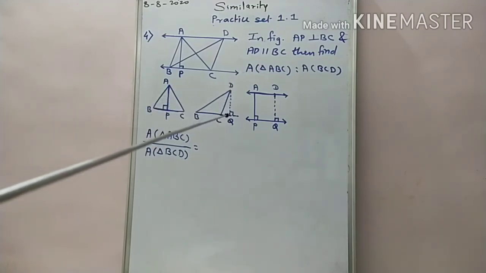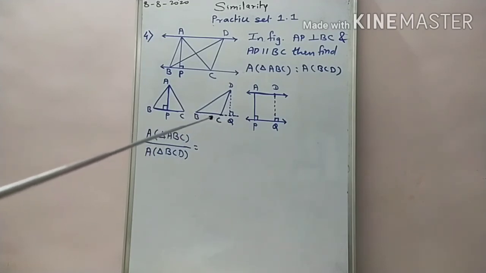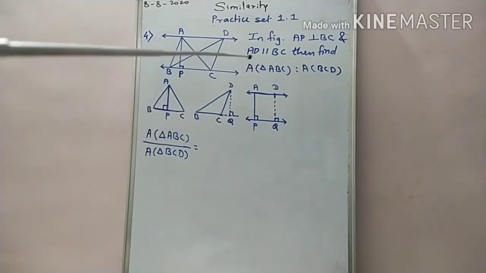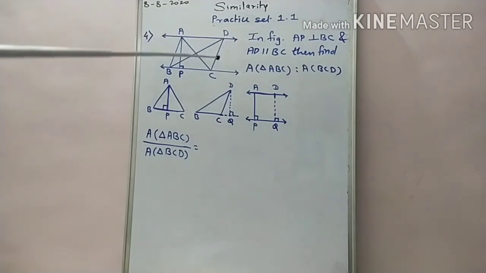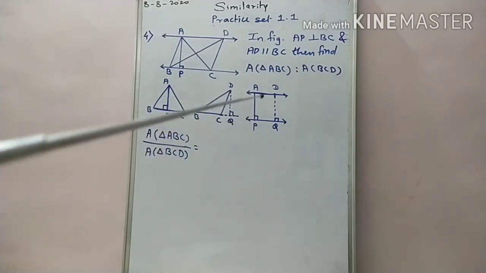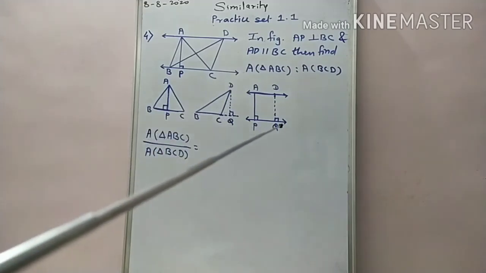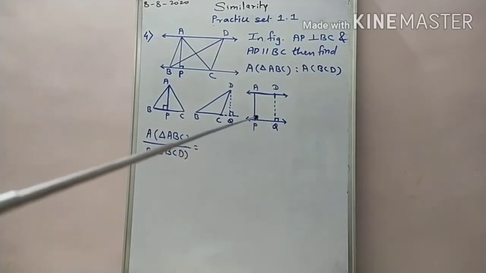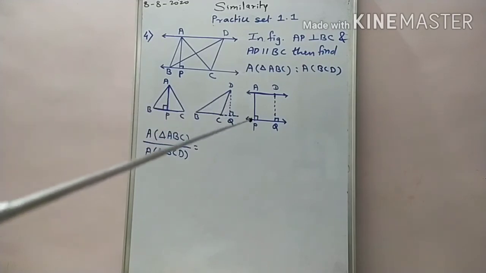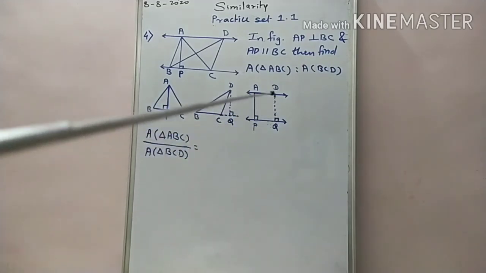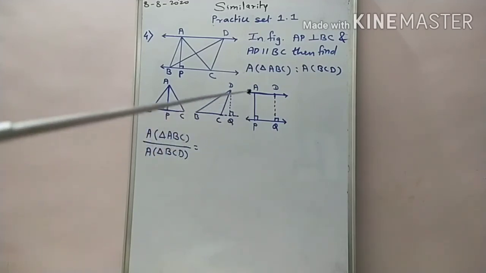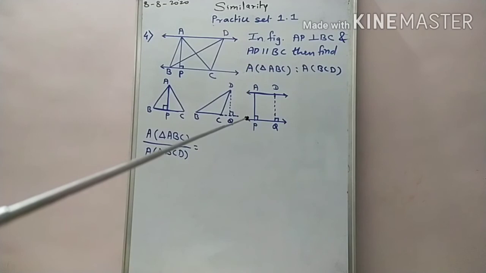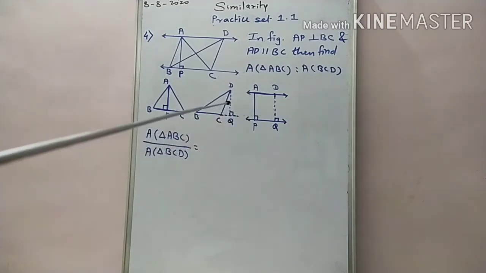Since AD is parallel to BC, AP and DQ lie between the same parallel lines, and the property says the lengths of the perpendiculars are the same.